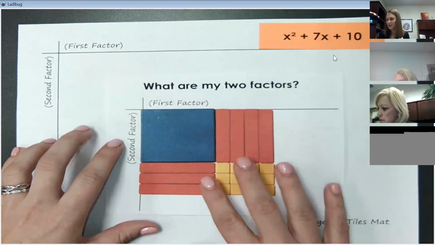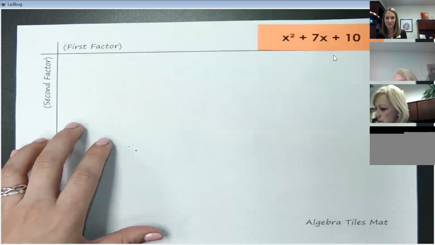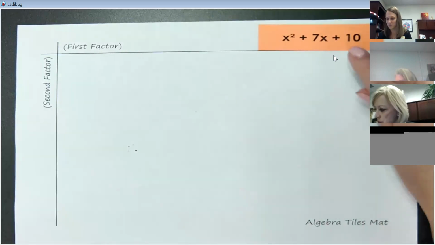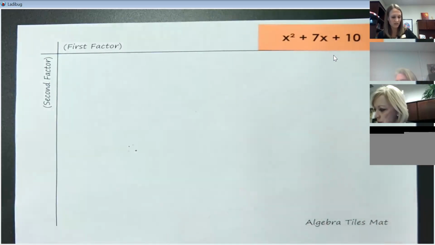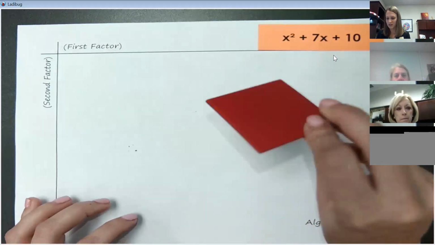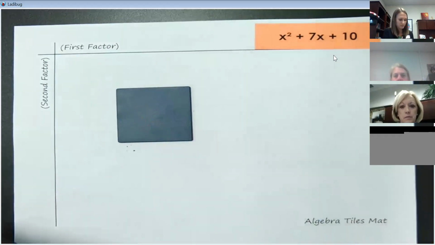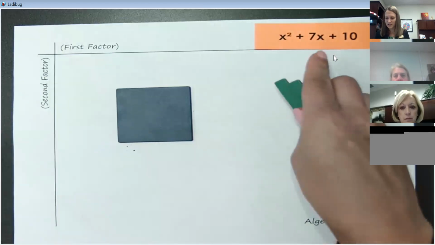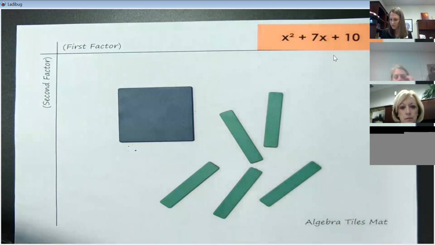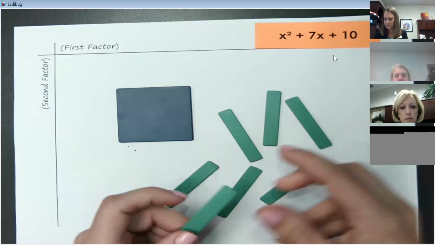Okay, so at this point, let's start the fun stuff. So we have this trinomial, x squared plus 7x plus 10. And I would ask students, can we represent that using our tiles? Well, what do I know? I know that means I have 1 positive x squared. I also know that means I have 7 positive x's. So let me get 7 for us. 1, 2, 3, 4, 5, 6, 7.